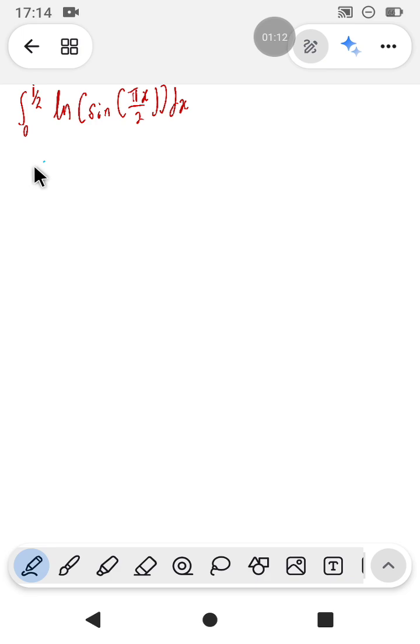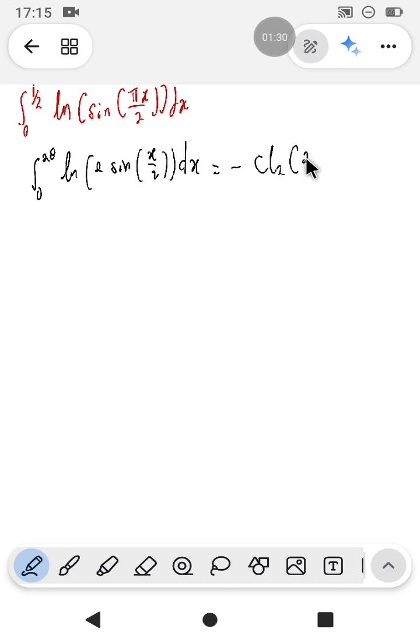Now, remember, if you have this kind of integral, the integral from 0 to 2 theta of natural log of 2 multiplied by sine x over 2 dx, this will give us negative the Clausen function of order 2, multiplied by 2 theta. That is this upper limit here, 2 theta.